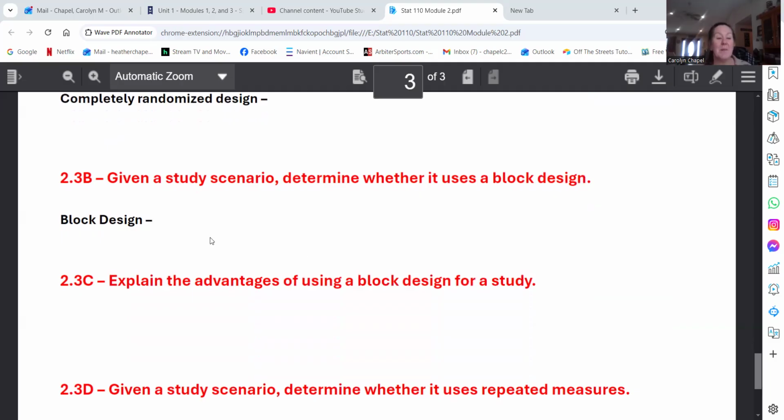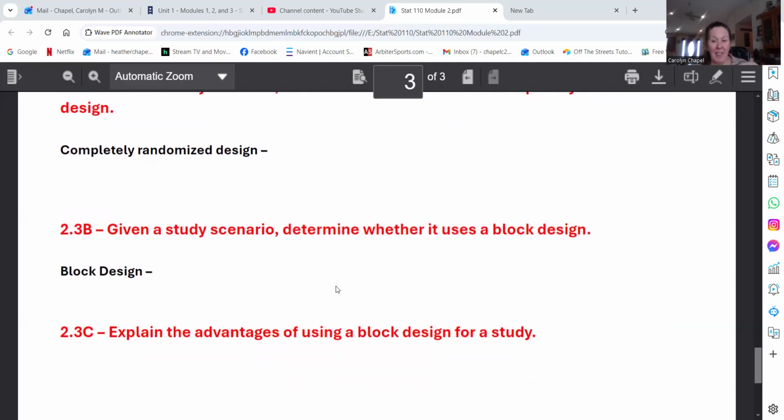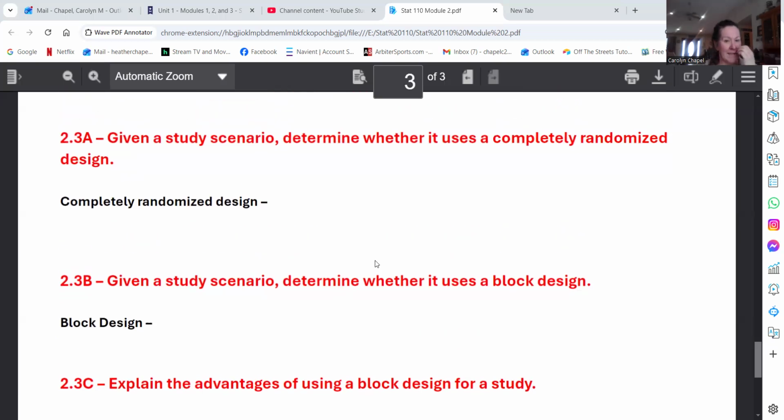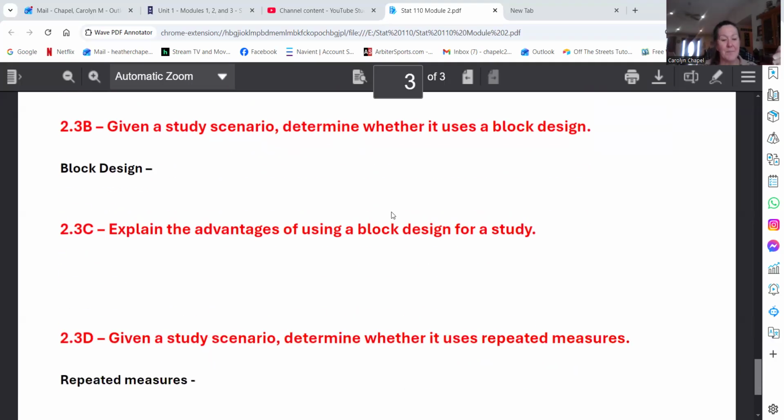So sometimes a block design is a little bit better than just a completely randomized one.